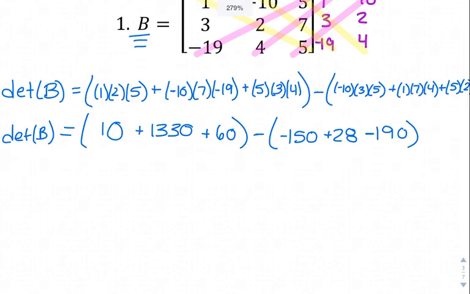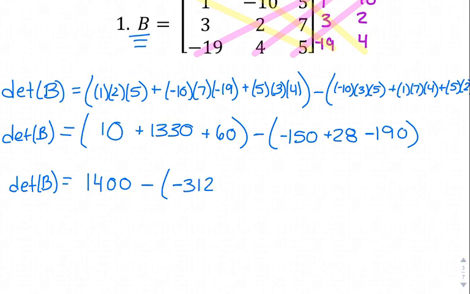So simplify what's in parentheses first. So 10 plus 1330 plus 60 would give me 1400. Minus negative 150 plus 28 minus 190 would give me negative 312. So now I see I have a minus minus, so really I'm adding the two together. So my determinant of B would be 1712.